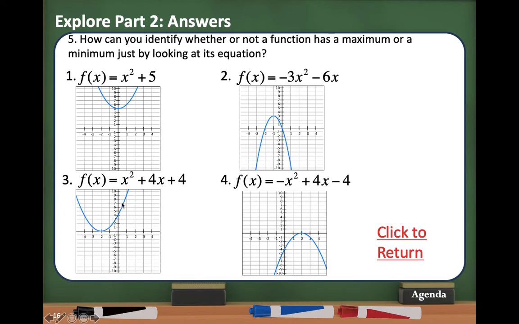They both have minimums. These both have maximums, right? So can you just look at the function to know that it's going to have a minimum versus a maximum?